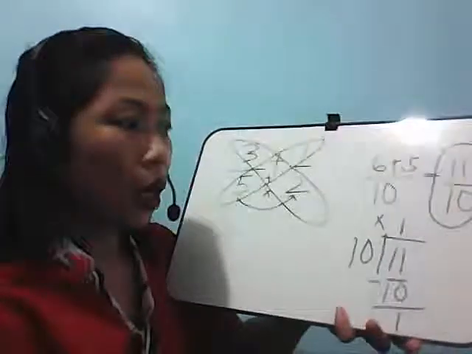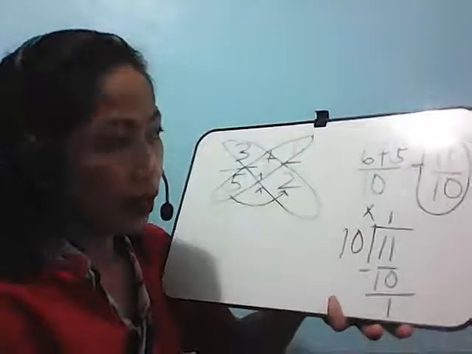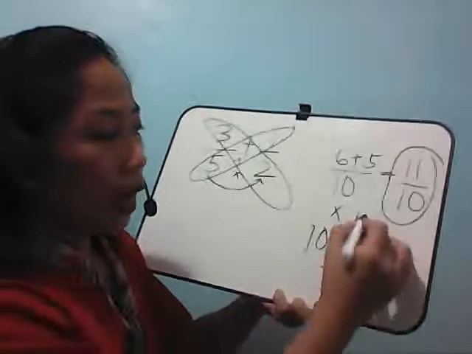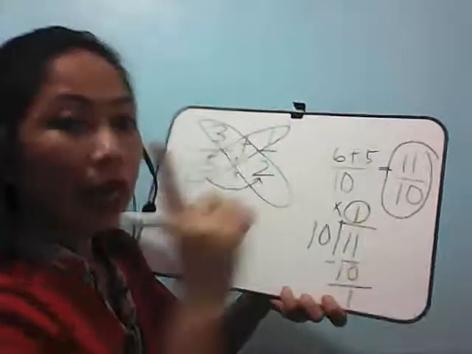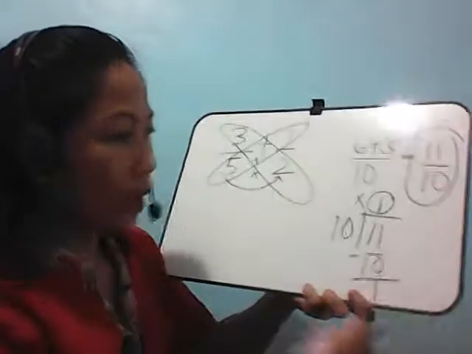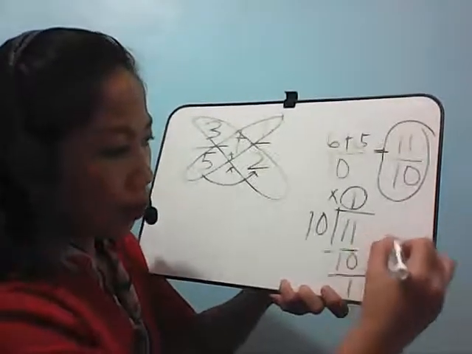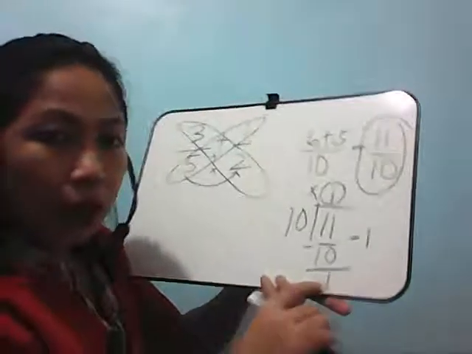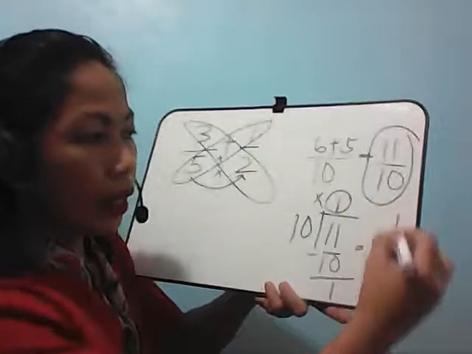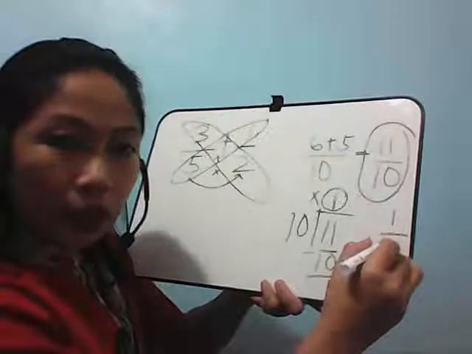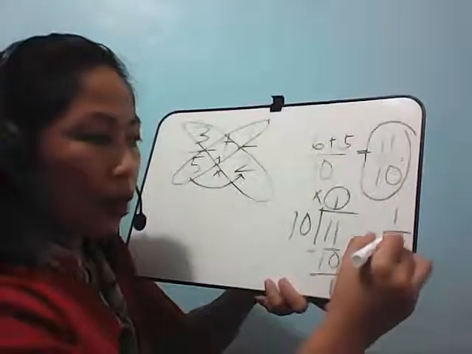So, teacher, how are we going to do this into mixed form? Our answer here, which is the quotient, will be our whole number. The remainder will be our numerator and our divisor will be our denominator.